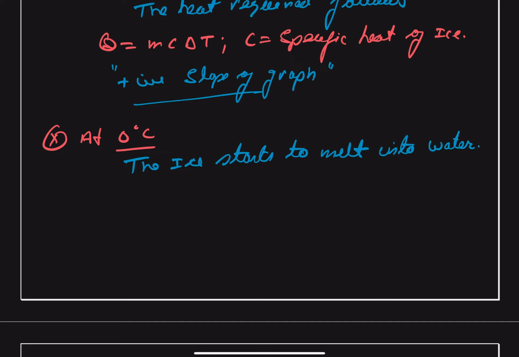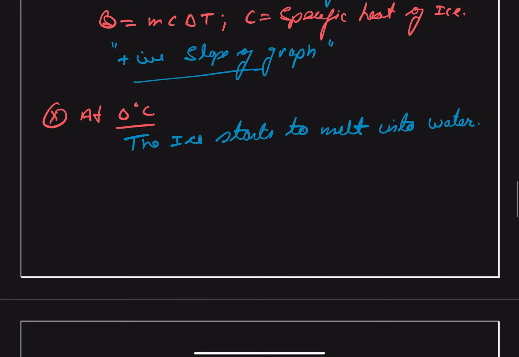And under this condition, whatever heat we supply, that entire heat is used for ice to melt. But the temperature of the ice, or that mixture of ice and water, is always 0 degree centigrade. So during this phase, temperature remains constant.